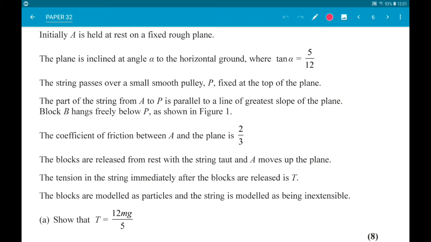Immediately after the blocks are released, the tension in the string is T. The blocks are modelled as particles and the string as inextensible. Part A, show that T is 12 mg over 5. 8 marks. Good times.